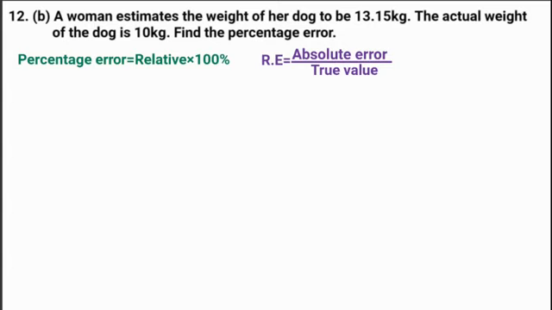So we are going to find the absolute error. To find absolute error, we use the formula: absolute error is equal to estimate value minus true value.